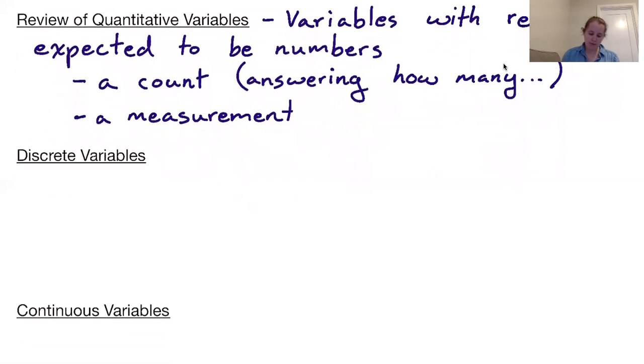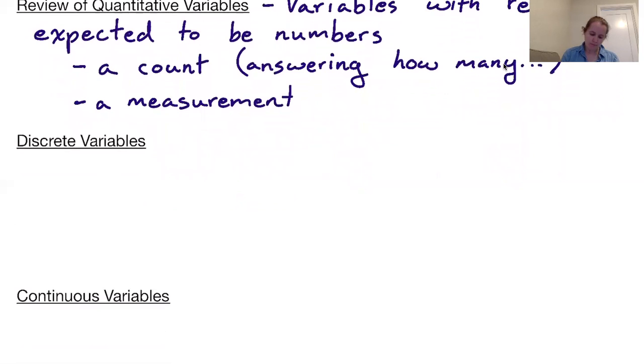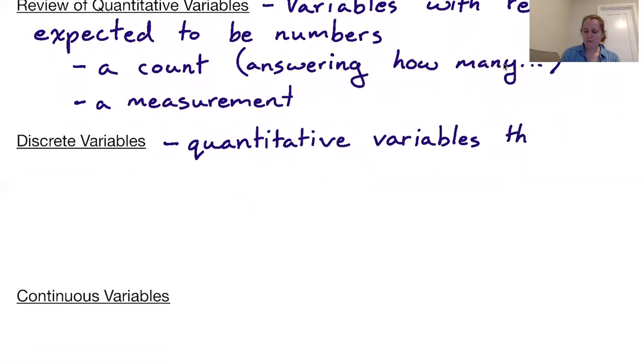So discrete variables are quantitative variables that come from a count.